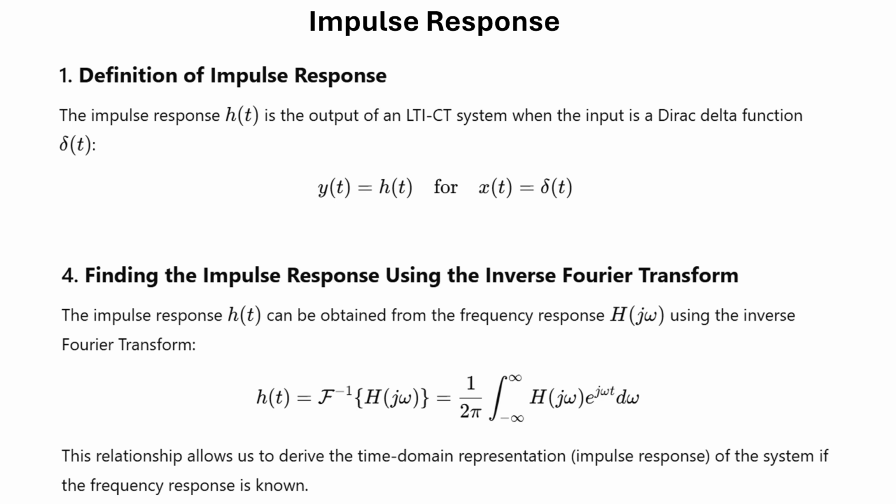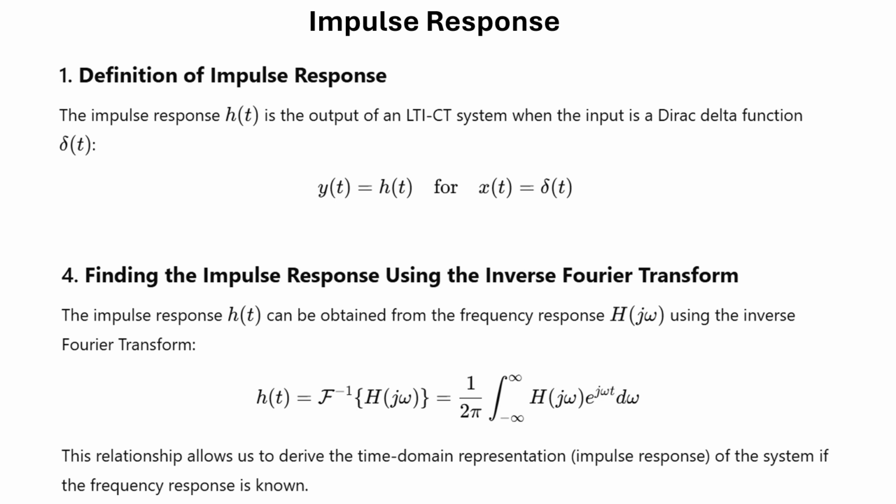Since we are giving the impulse at the input, this is called the impulse response. Similarly, if we give the step at the input side having the frequency response of h(t), then this will be the step response.